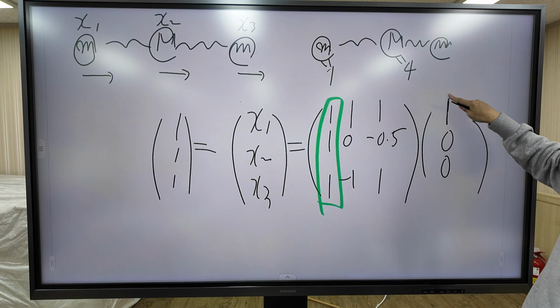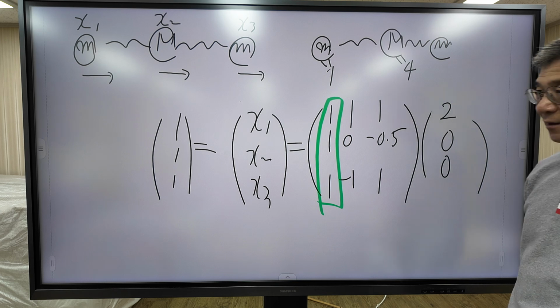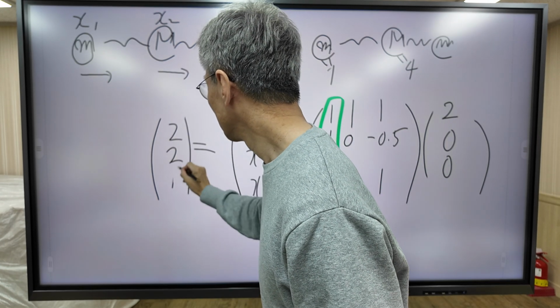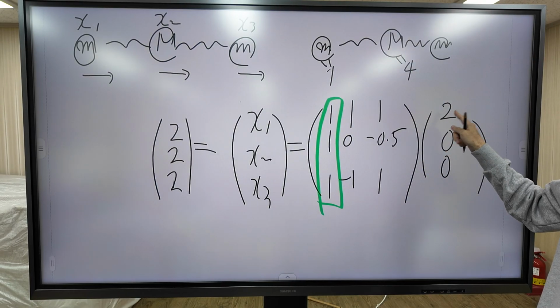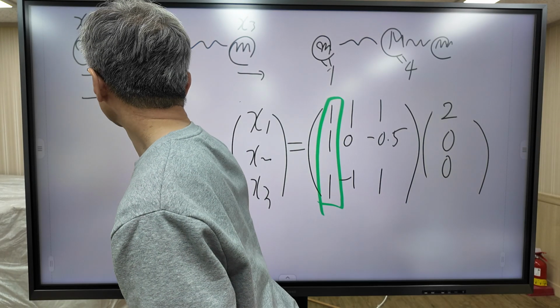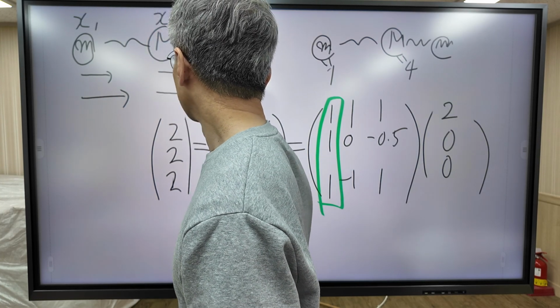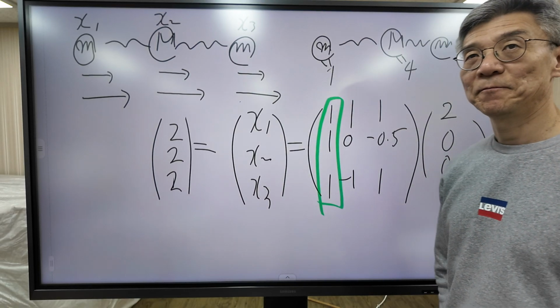Now what happens when Q1 changes to 2? Then this value returns 2, 2, 2. When Q1 changes from 1 to 2, it moves right by 2, moves right by 2, moves right by 2, right?